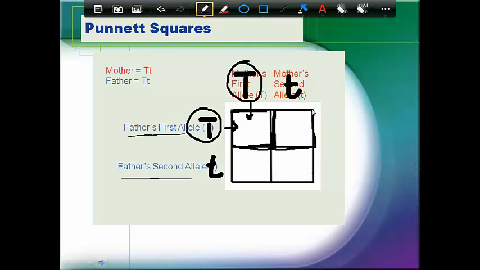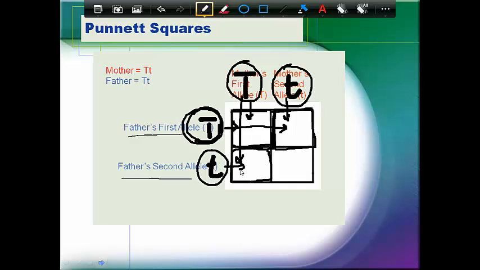This box represents this little t here, and this big T here from this row. So that would go here. This box down here is the big T from up above and the little t from the side. And this box right here is the little t from up above and the little t from the side. So that's how we fill in the grid.